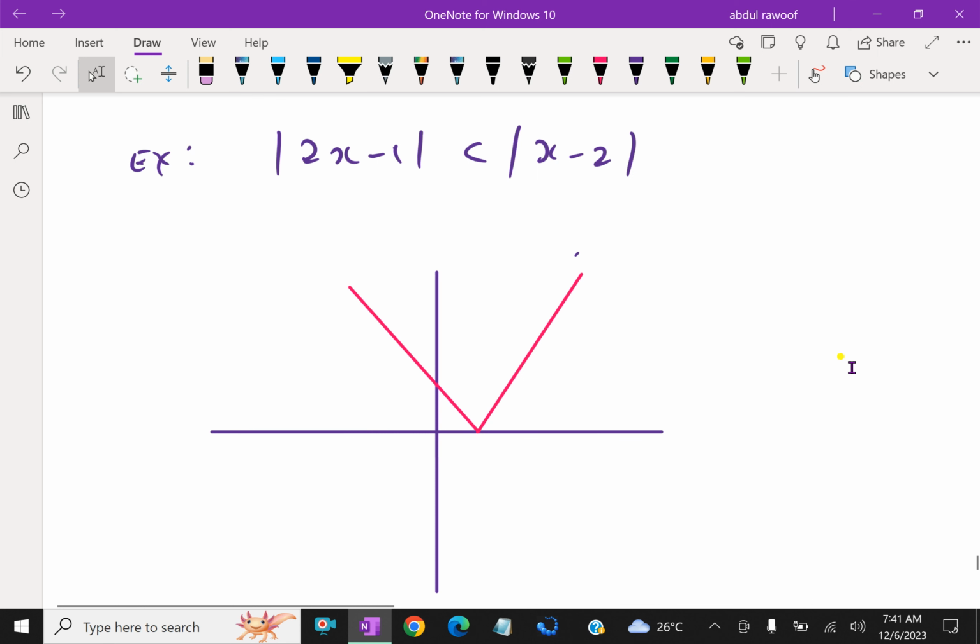This is y equal to absolute value of 2x minus 1. Next, we will do it with a different color, y equal to x minus 2.